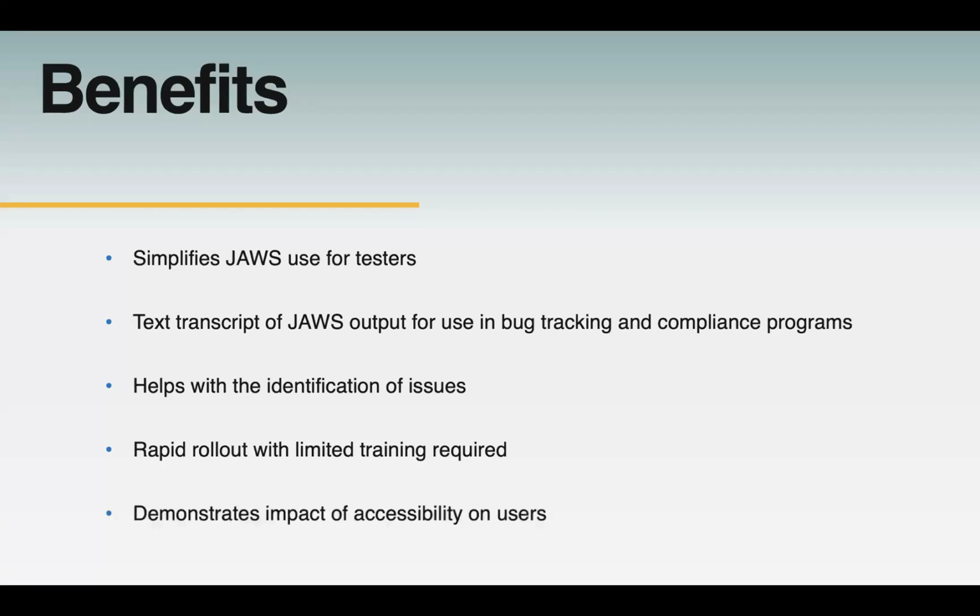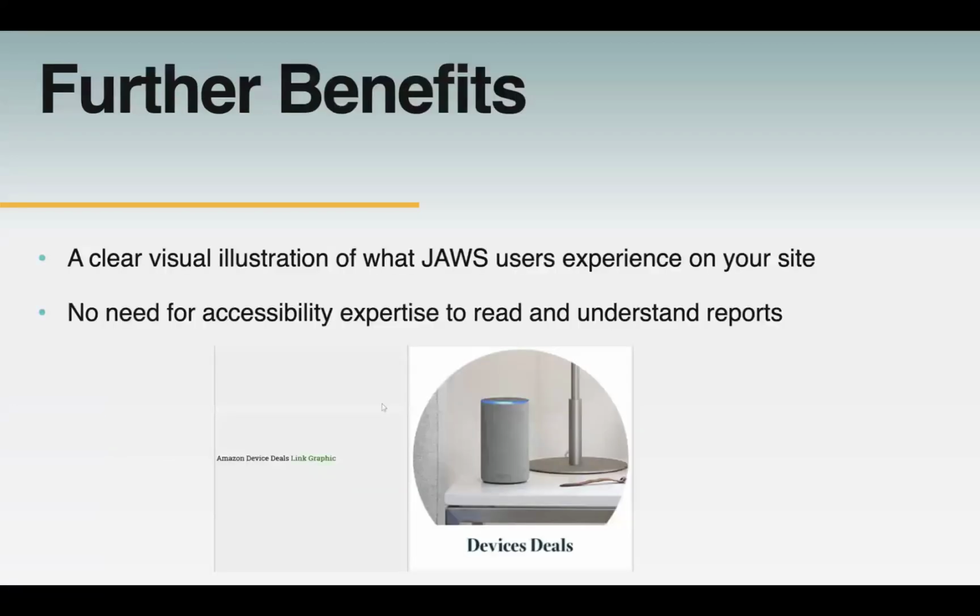It demonstrates the impact of accessibility on users, as I was talking about earlier. So here's just a screenshot I have here from the Amazon website of an image of a product, and the title on it is Device Deals, but that's an image. And to the left of that, we have the actual text that JAWS speaks. So, Amazon Device Deals link graphic.